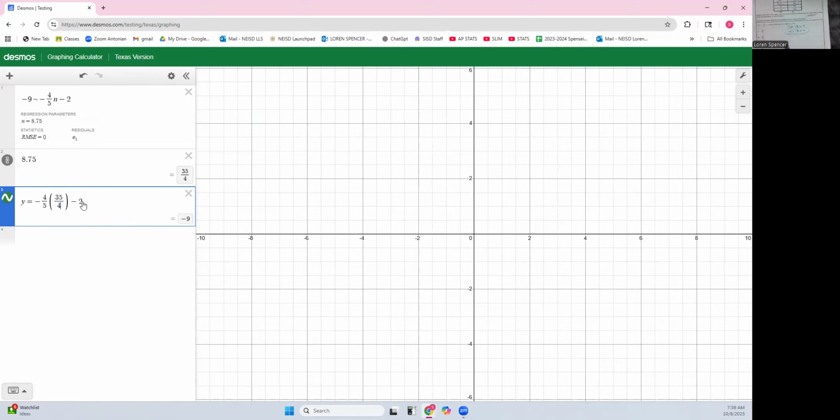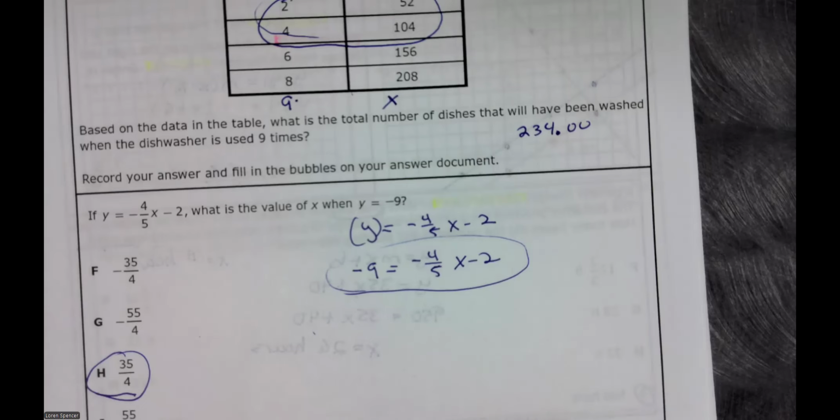And when it's positive, we get negative 9. What happens if we put in a negative in there? Then we get 5. So it must have been the positive. So you can always plug your answer back in to check it. So we know for sure that our answer is H. It's 35/4. All right, so that's our answers.